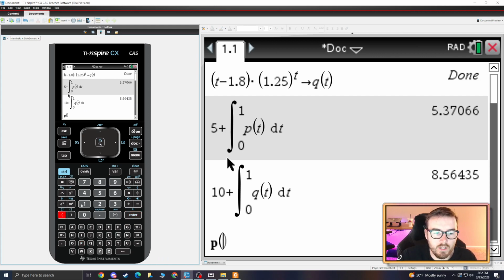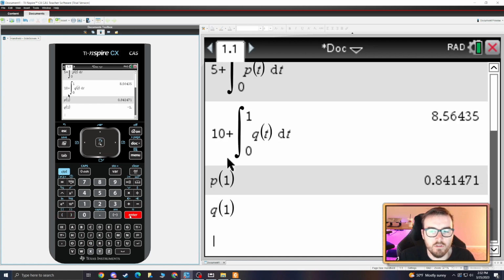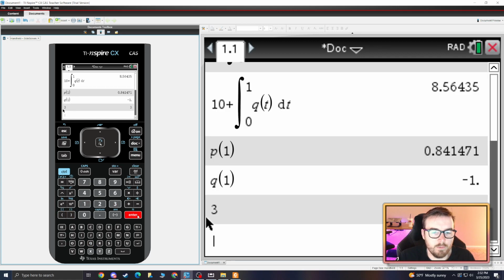So P of 1, in other words, I'm calculating the velocity of particle P at t equals 1, and I got 0.841. I'll jot that down in a second. And again, I already have the velocity of particle Q saved as Q of t. So Q of 1 is going to come out to be, you can't see it. Here, let me just type a random number so you can see it. Boom. Q of 1 is -1.